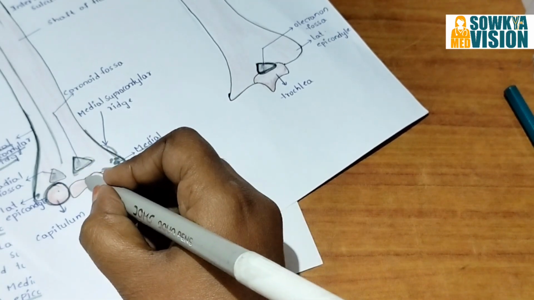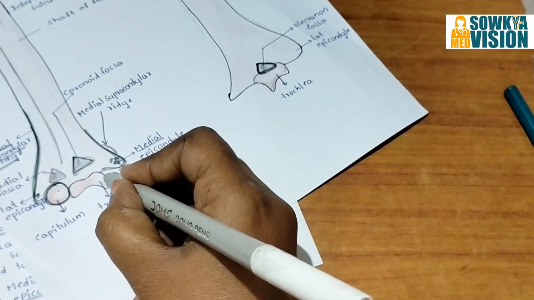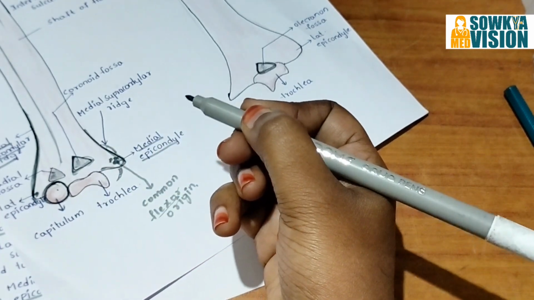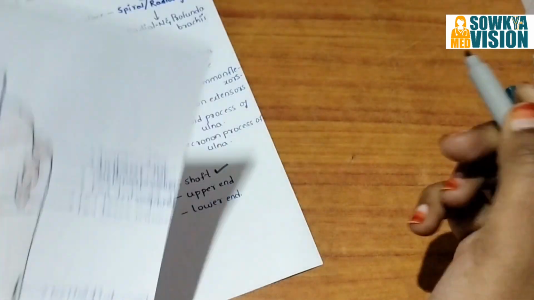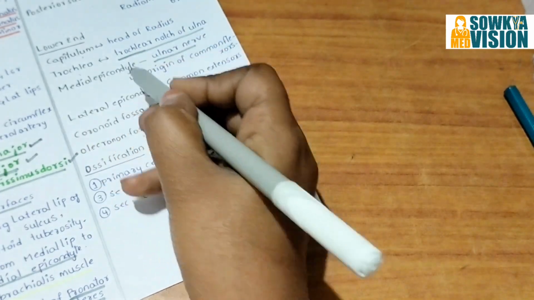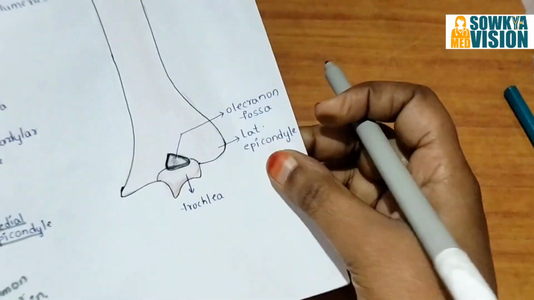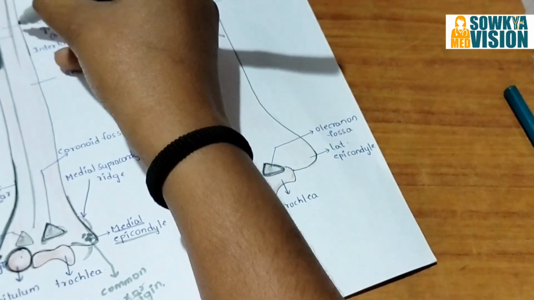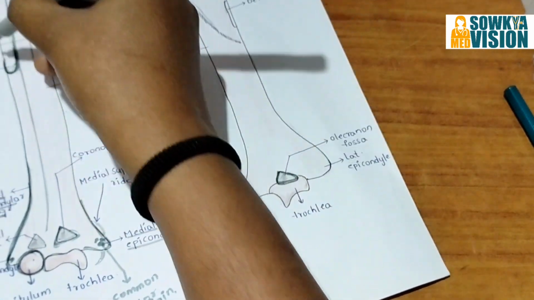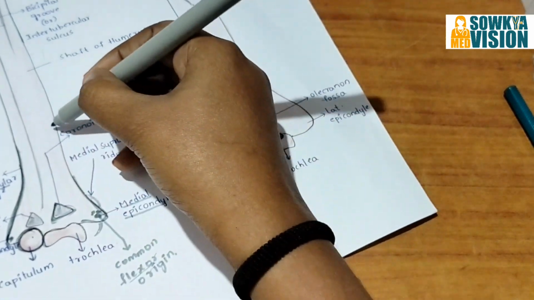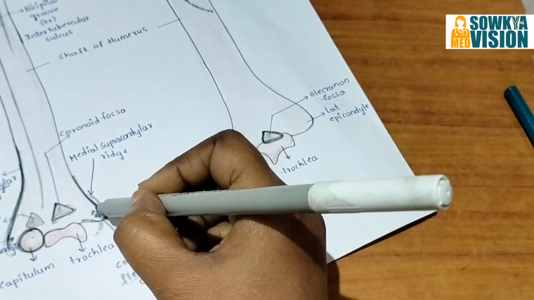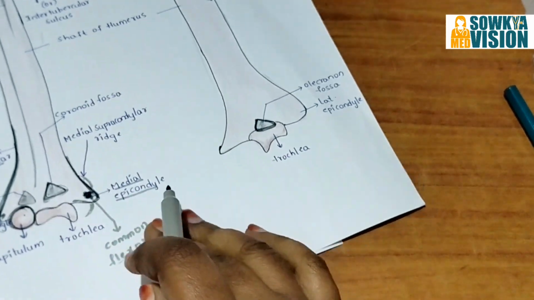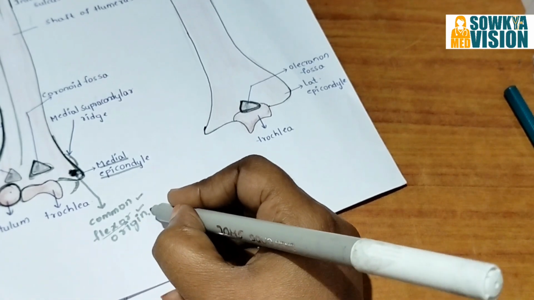Yes, this is a trochlea presenting medially. So what is the medial bone in the forearm? Ulna. So obviously it gets articulated with the ulna. And medial epicondyle and lateral epicondyle. This is a medial side and this is a lateral side. So this is the medial epicondyle and this is a lateral epicondyle. Medial epicondyle gives origin for common flexor origin.